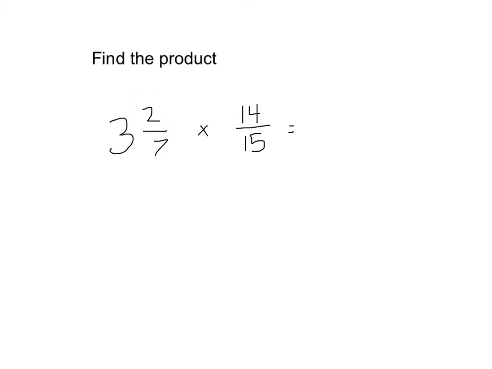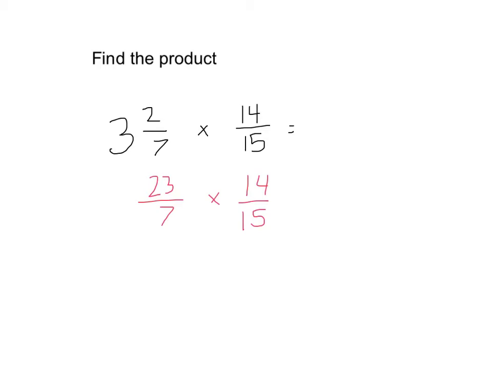So 21 plus 2 is 23. So changing that to an improper fraction would make that fraction become 23/7. Now, already out to the side, I don't have a whole number, so I can just bring that number down below. Now I can go ahead and multiply.